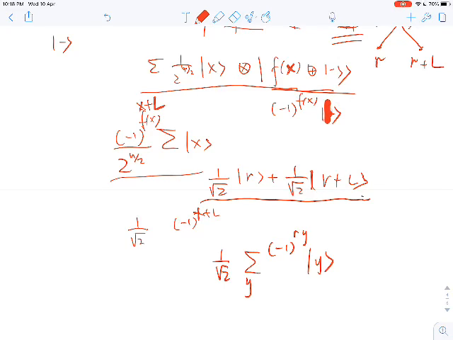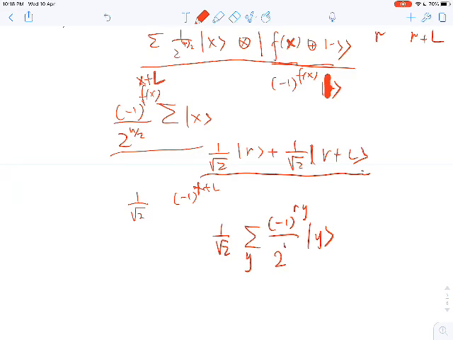Here we get the state is sigma y over 2 to the n over 2, plus 1 over square root of 2 sigma y minus 1 to the (r plus L) y.